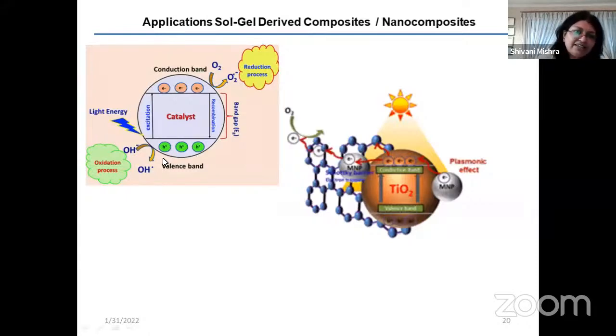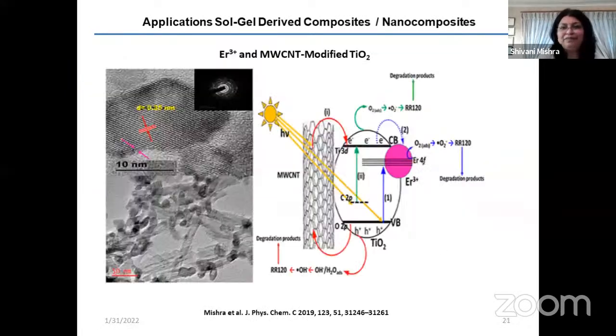On the other hand, the holes form hydroxyl radicals and then carry out the oxidation reaction on the other part of the sol-gel derived semiconductors.